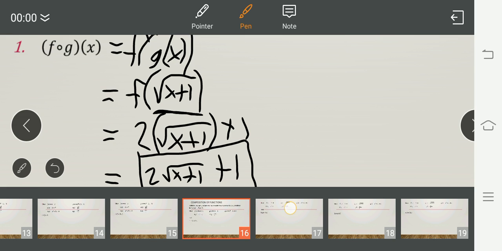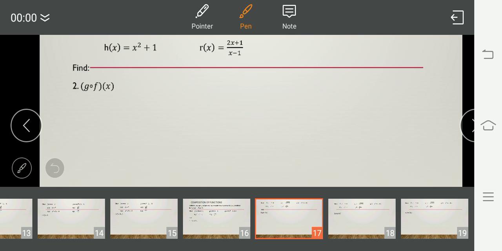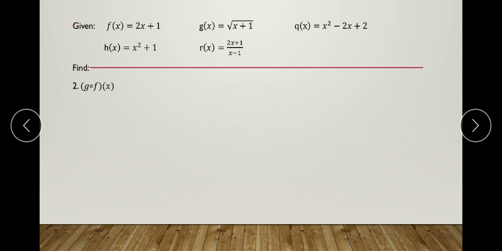Now let's proceed to our next example. Our next example is having the g composite of f of x. So this is actually the reverse of the functions. A while ago we were dealing with the f composite of g. So therefore we are going to base on the f and the g still.